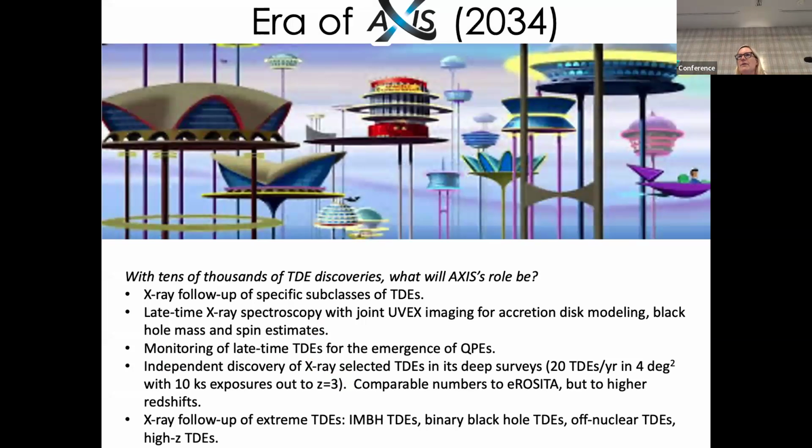Right, so JWST is already finding several examples of lensed supernovae. So one thing to think about are the rates, given that the TDE rates are maybe a factor of 100 less than the supernova rates.